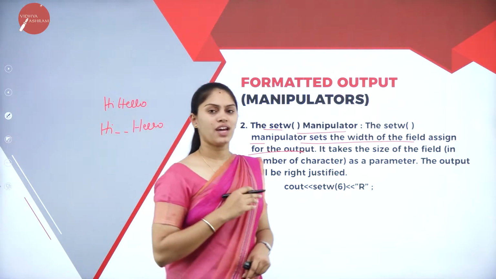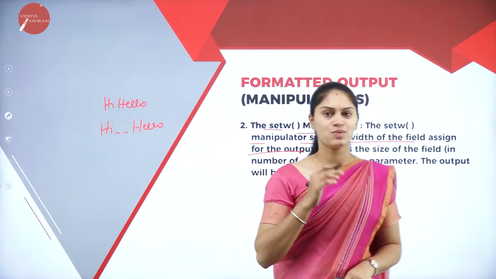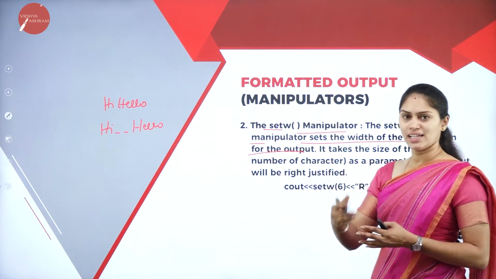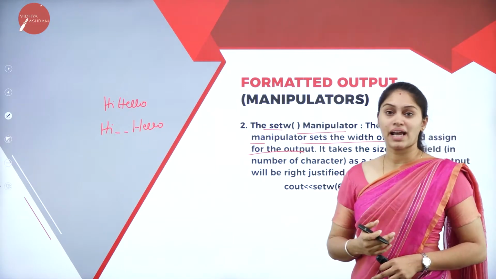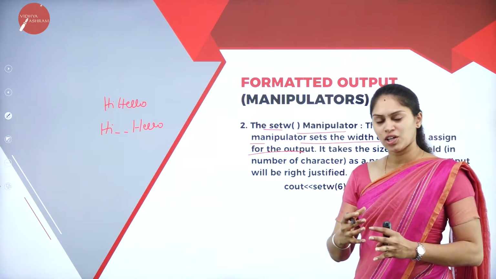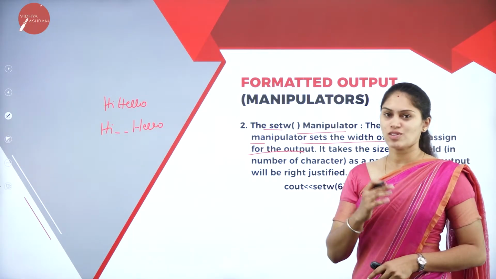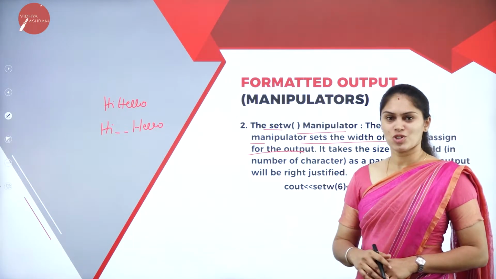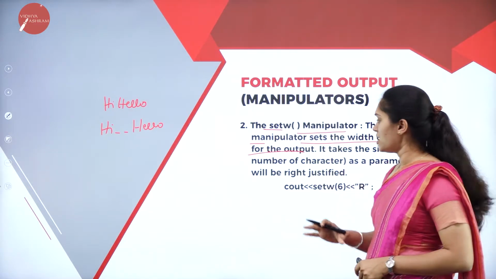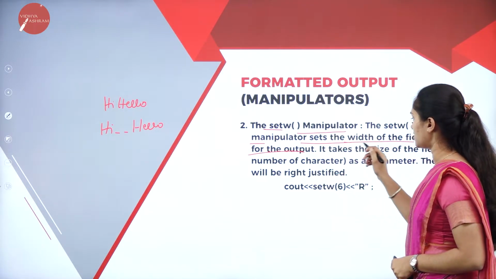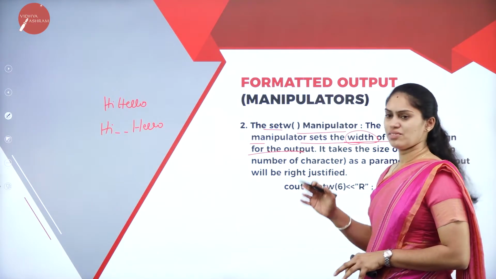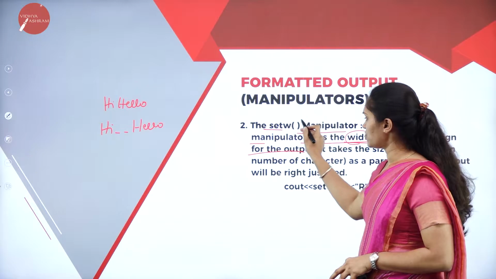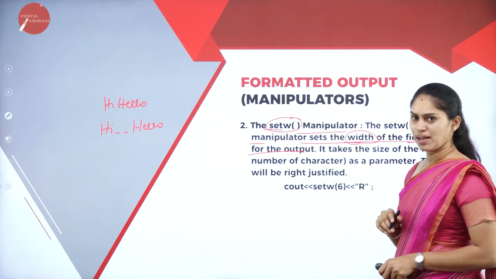Anyway, we are going to use all the manipulators with the output itself. So endl, setw, setfill, these are some examples of manipulators. We are going to use a manipulator with the cout statement only, along with the insertion operator. When I want to set the width of the field that we are going to assign for the output, then we are going to use this setw manipulator.